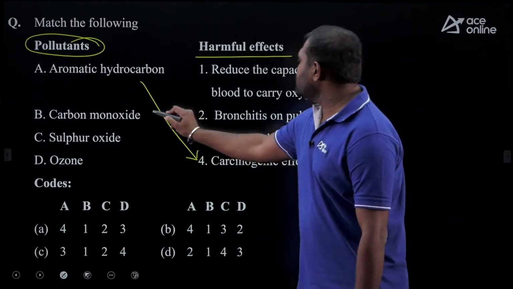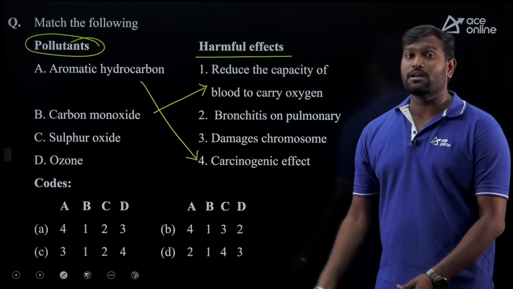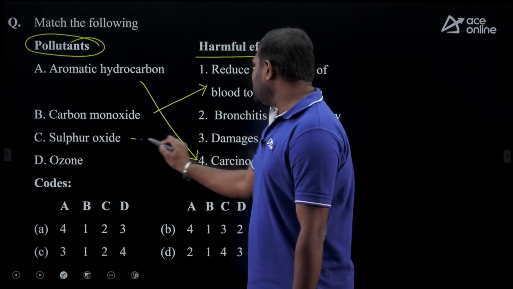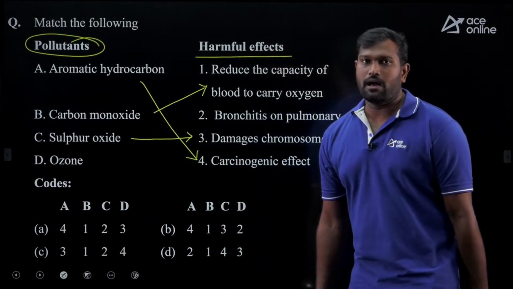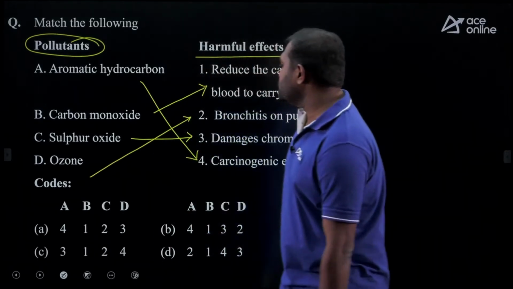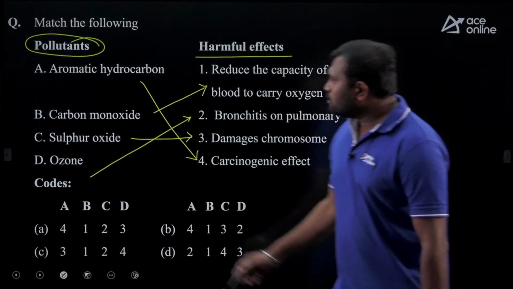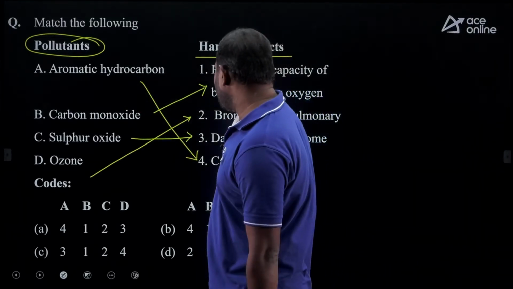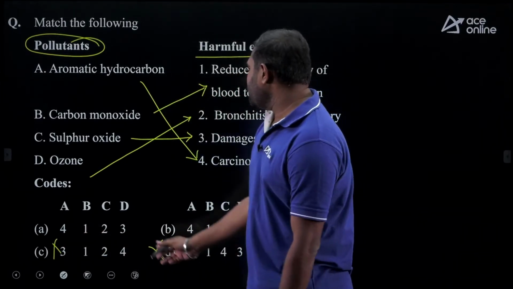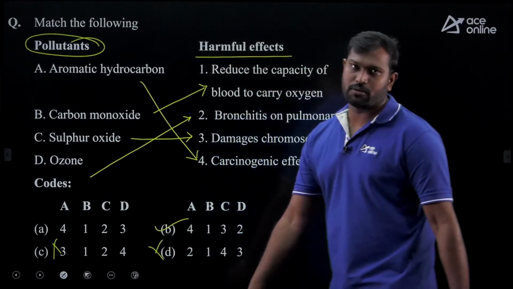Carbon monoxide reduces the capacity of the blood to carry oxygen because it causes carboxyhemoglobin. Sulfur dioxide damages the chromosomes, and ozone causes bronchitis. So from the given options, the correct answer for A should be 4. So we can eliminate option C and option D, and for D it is going to be 2. So the answer is option B.